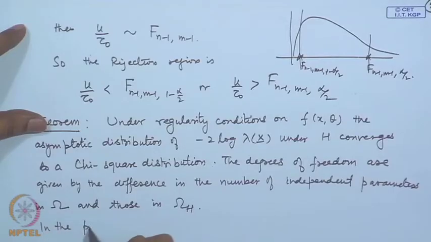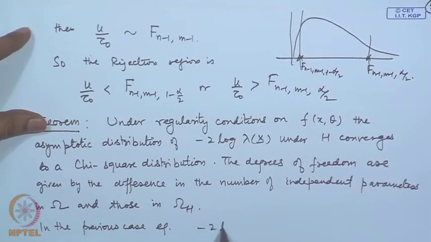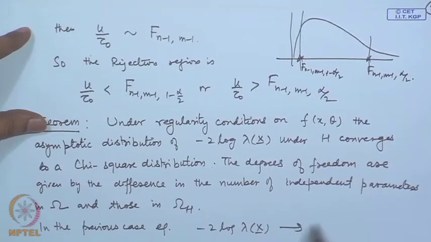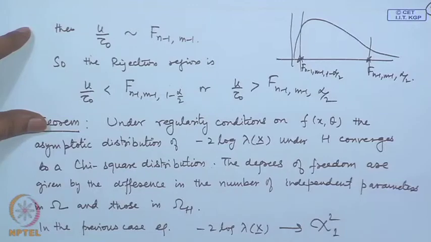For example, in the previous problem omega had 4 dimensions: mu 1, mu 2, sigma 1 square, sigma 2 square. Under omega_H we had 3 independent parameters, because mu 1, mu 2 were independent, but sigma 1 square and sigma 2 square were related. So, 4 minus 3 will become 1, and the number of degrees of freedom for chi-square will be 1. So, basically, in the previous case, minus 2 log lambda(x) will be converging to a chi-square 1 distribution.